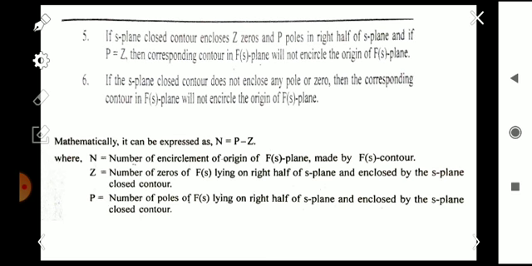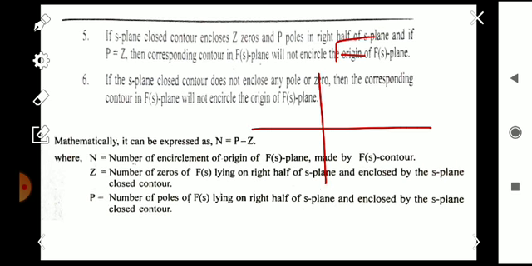Then the closed contour in F of s plane may be like that, maybe in any direction. It will not encircle the origin here.